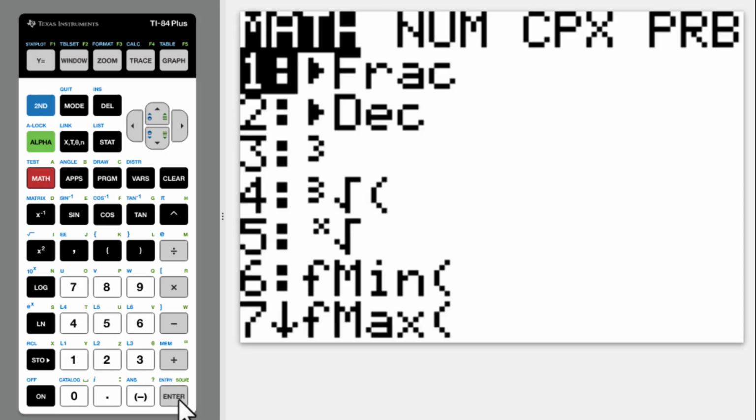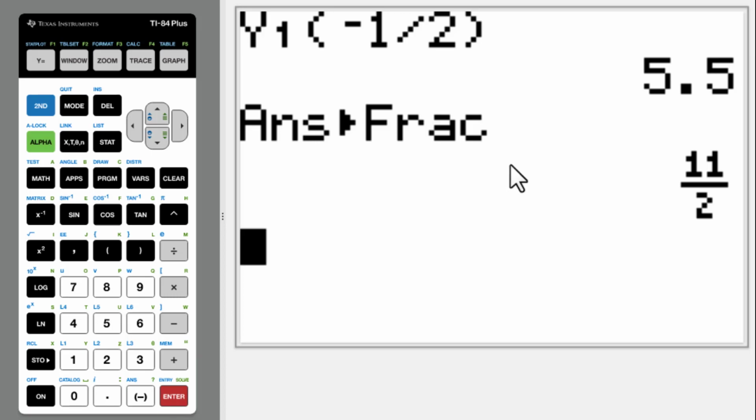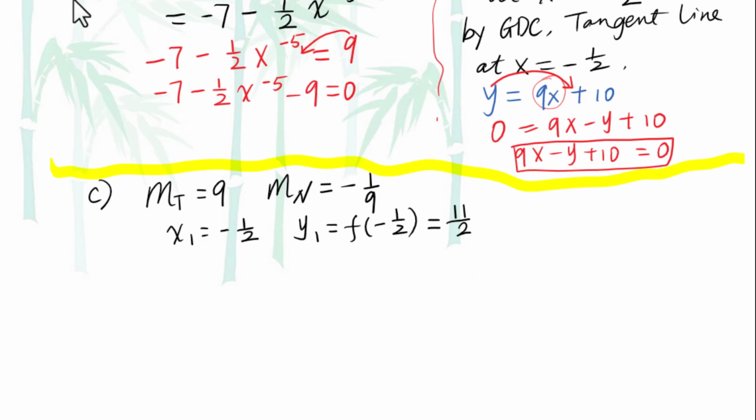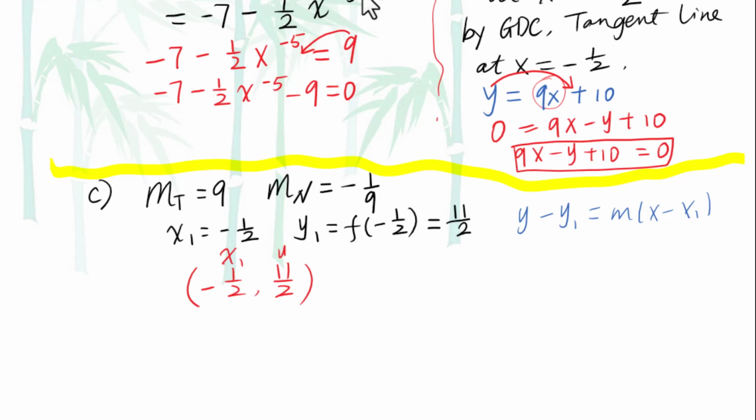Math, enter. y1 equals 11/2. We will use the point slope form. Y minus y1 equals slope times x minus x1. -1/2, 11/2 is x1, y1. Slope is -1/9.